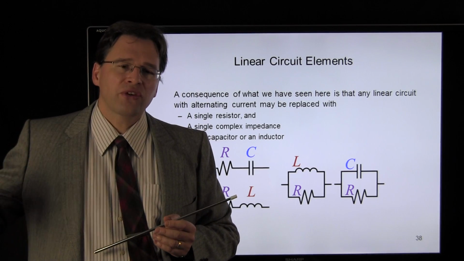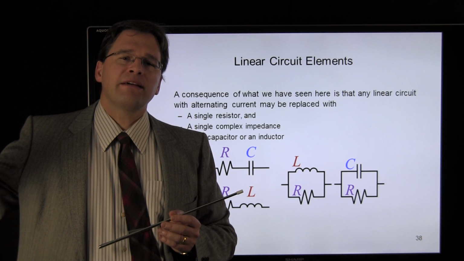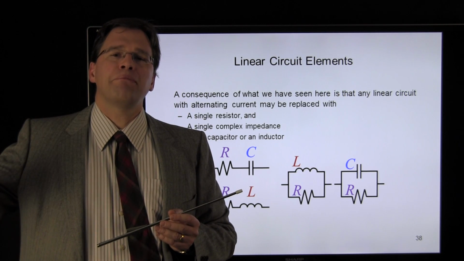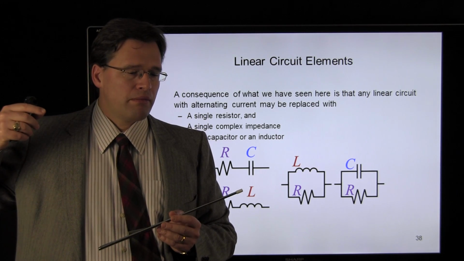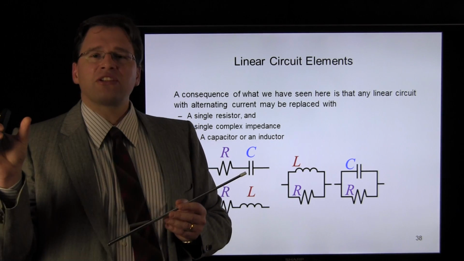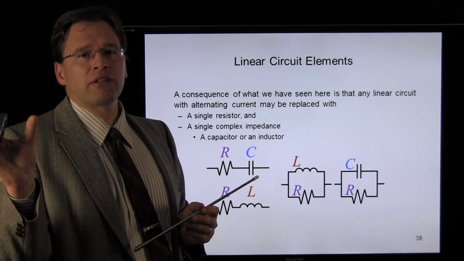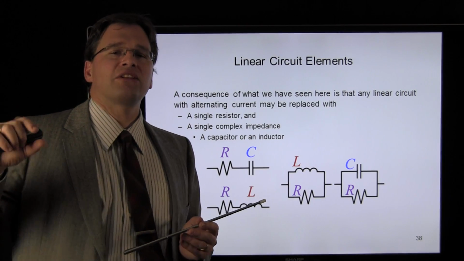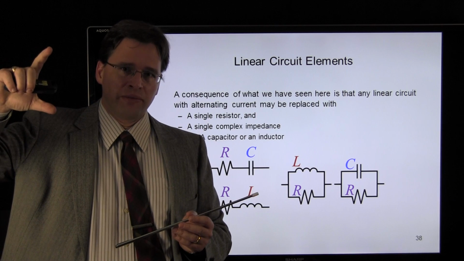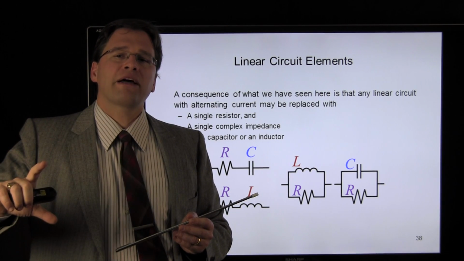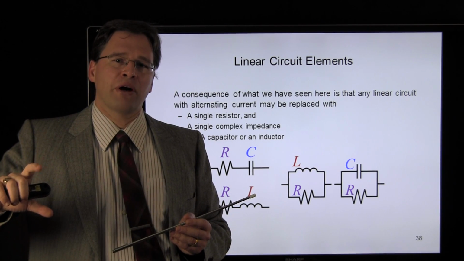if we have a number of circuit elements, we can calculate the impedance. The impedance ends up being a complex number. A resistor determines the real part. An inductor determines a positive imaginary part. A capacitor determines a negative imaginary part.